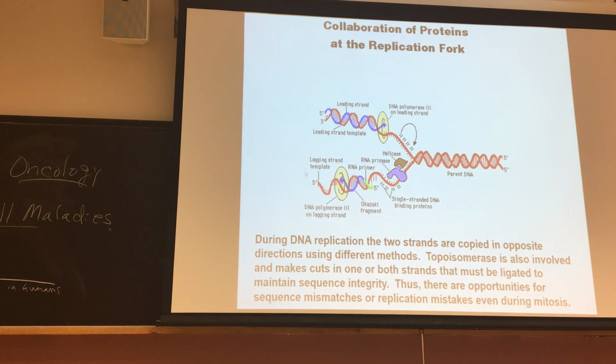The other lagging strand, however, is built in pieces. So you're forming these Okazaki fragments, which are actually RNA, and that's being replaced by DNA. And you've got these things called helicases helping to untwist this thing.